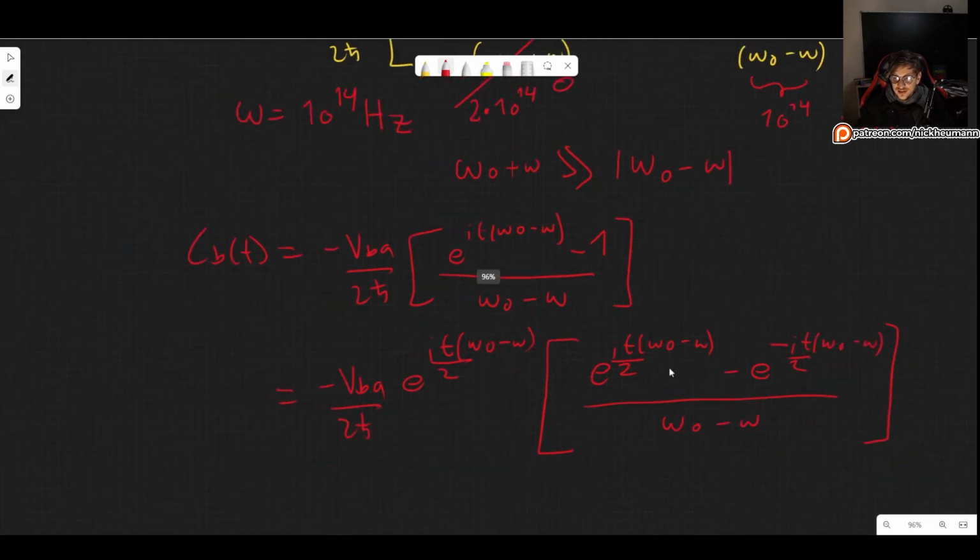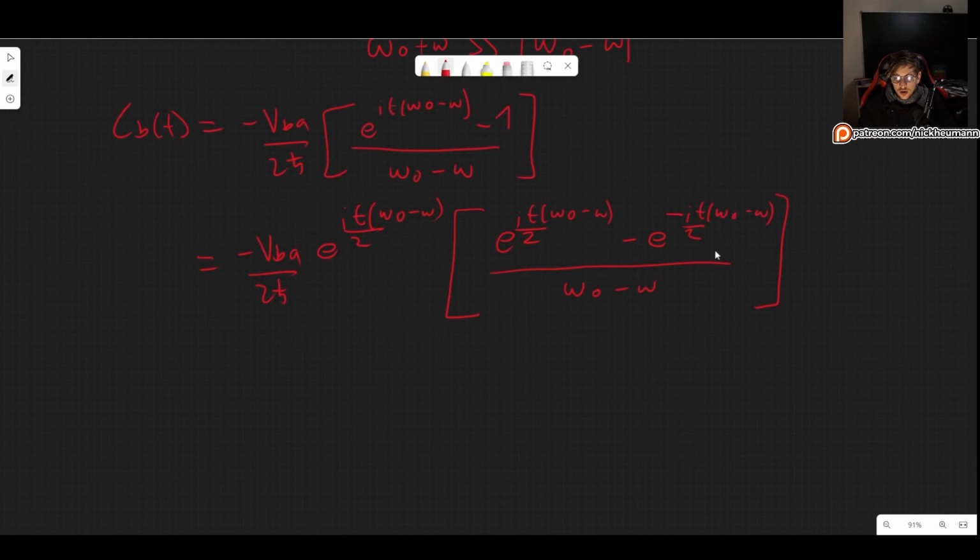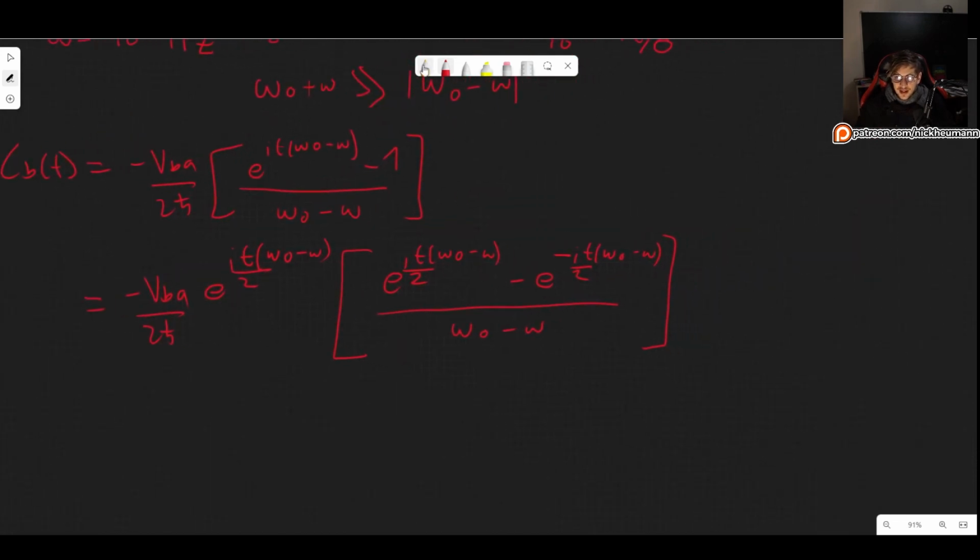Okay, and why is this so important? Because now we have almost a sine, right? Keeping in mind that the sine of x is e to the ix minus e to the minus ix divided by 2i. We have a 2 here, we only need an i. So we can multiply and divide by i, and then we have 2i and our exponents.